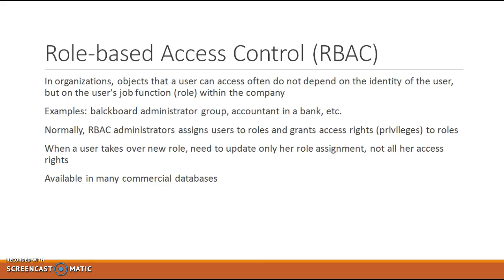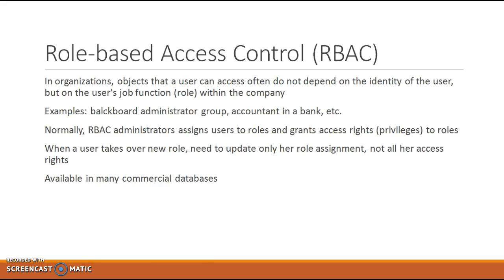When a user takes over a new role, we need to update only her role assignment, not all her access rights. So we don't need to change his rights, we just change his role, and that's it. As an information security specialist, we don't need to do many things for his rights, we only need to change his role.